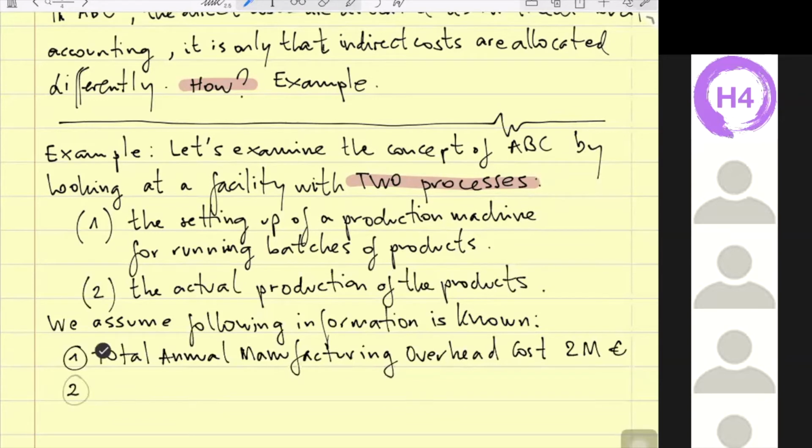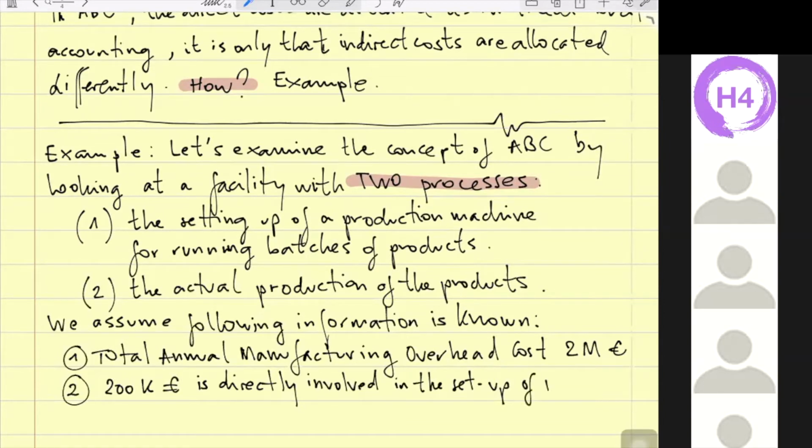Two, of which 200k euro is directly involved in the setup of machines.